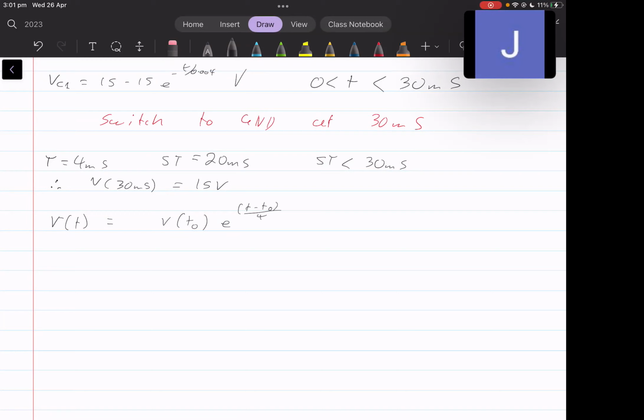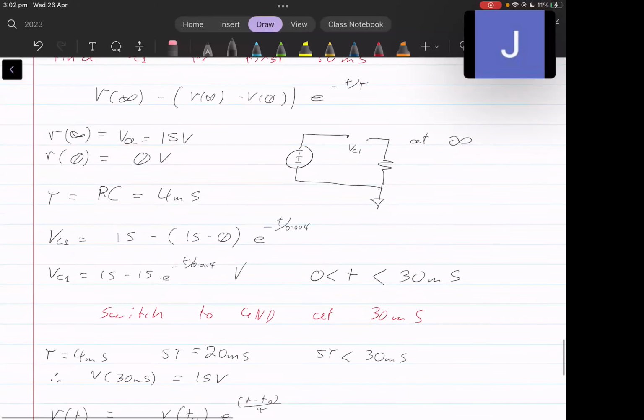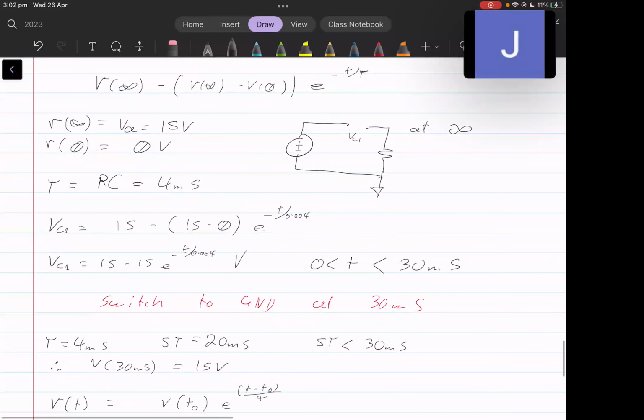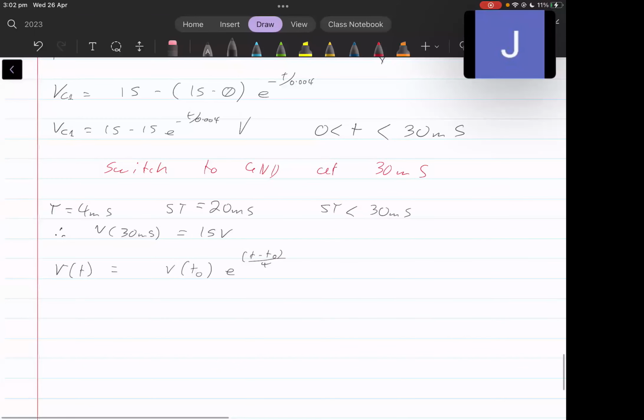Or you could do something very similar based off the previous formula, where we know here that the infinity would be 0 if we did it that way.